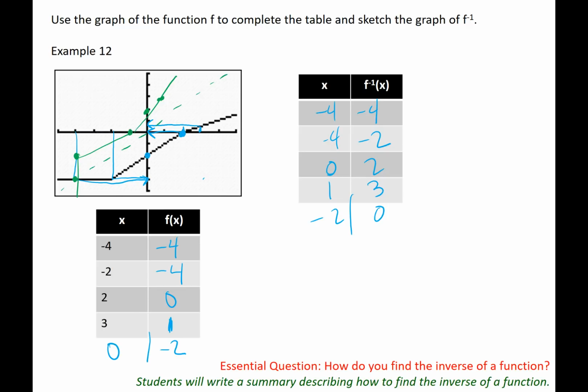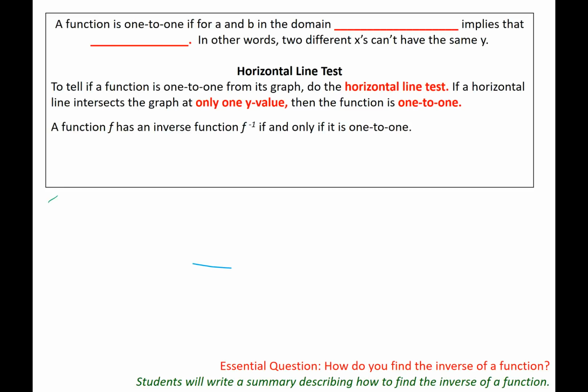So the next one, we've got to fill in these blanks here. A function is one-to-one if for a and b in the domain, a not equal to b implies that f of a is not equal to f of b.